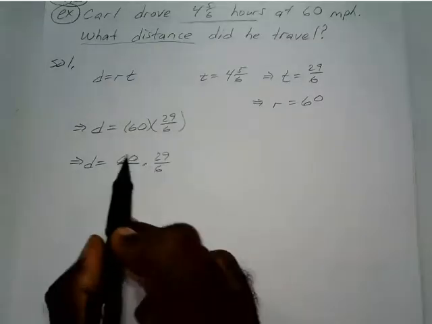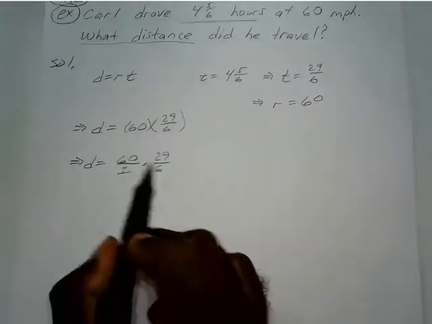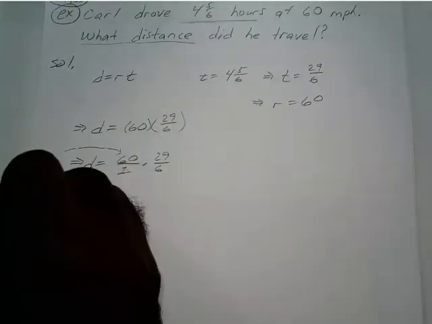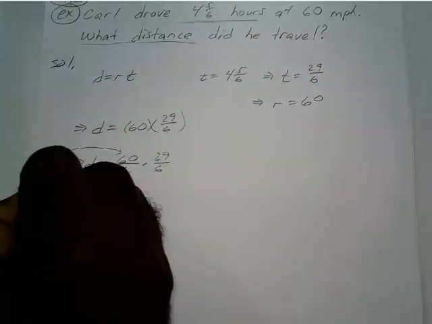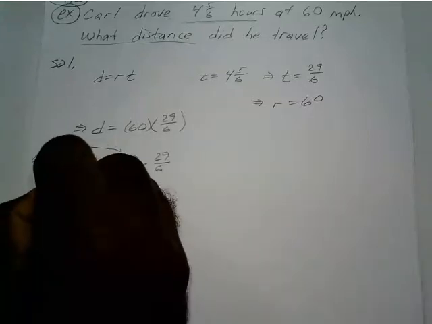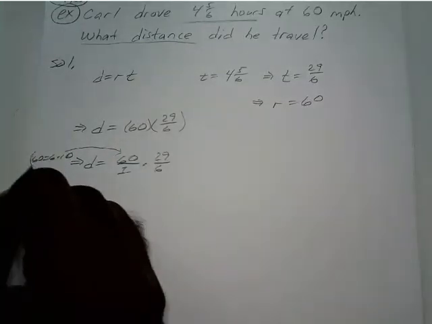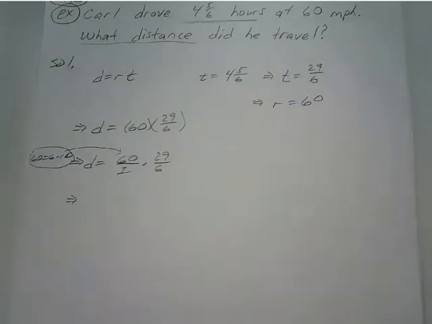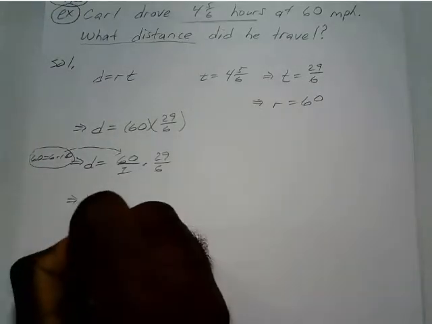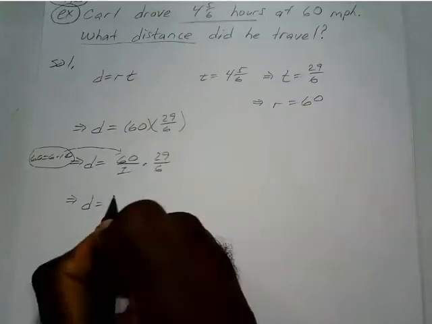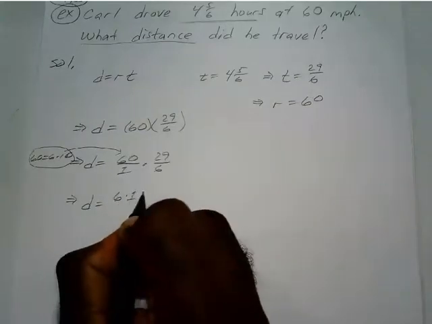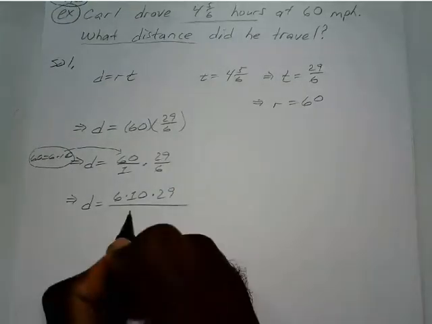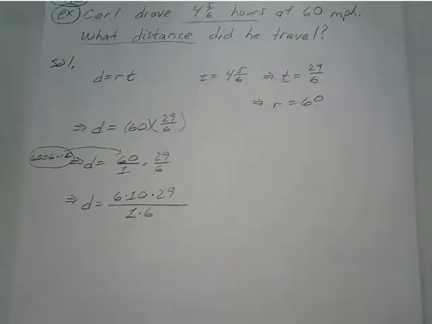And we can simplify this because the 6 and the 60 actually have a value that can cancel out. So remember that 60 equals 6 times 10. So that means that our distance is equal to, instead of 60, we can put 6 times 10 times 29 over 1 times 6.